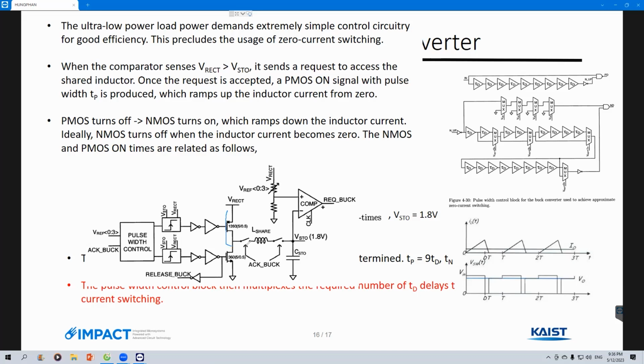The first phase is this, the second phase is this. In the first phase it is on, so the inductor current is built up. In the second phase, this is off, then the inductor current will ramp down until it reaches 0.